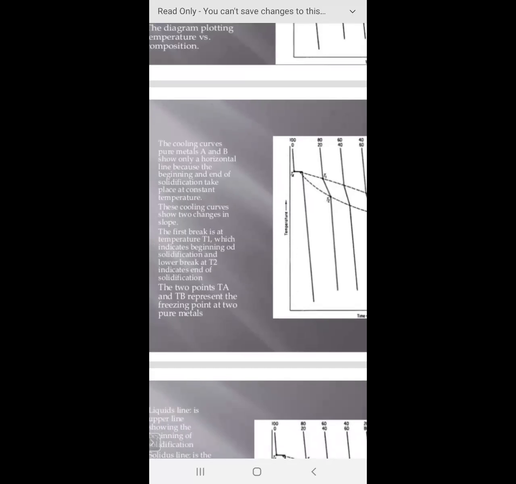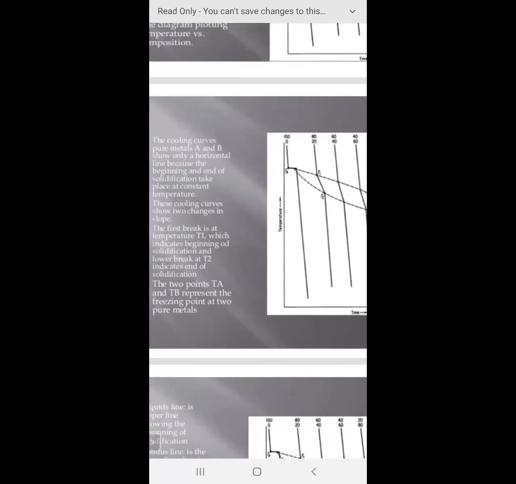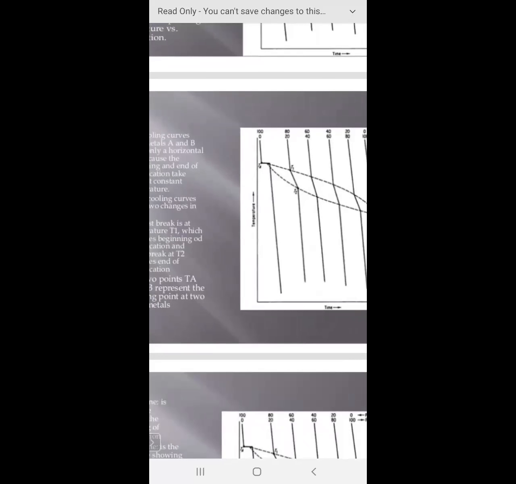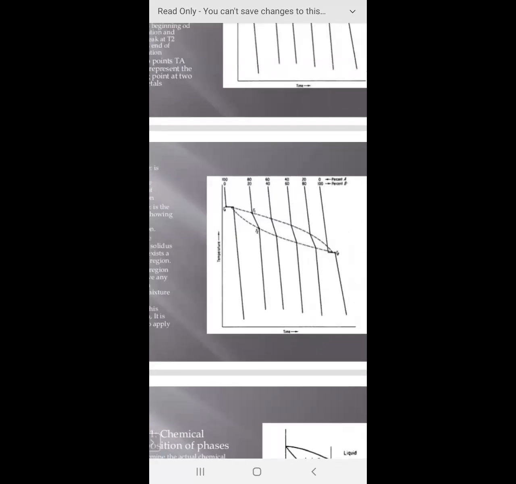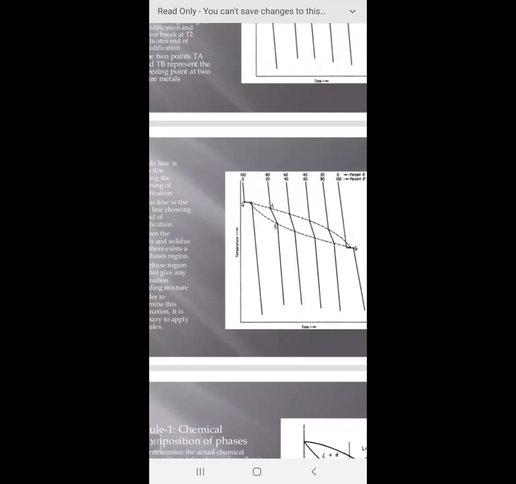There is a temperature range. The solidification of alloys is done over a temperature range, but for a pure metal the solidification is done at a constant temperature.